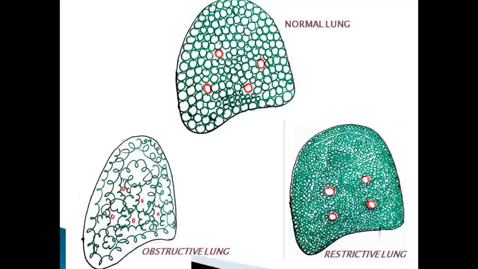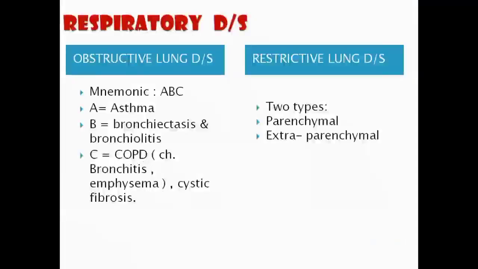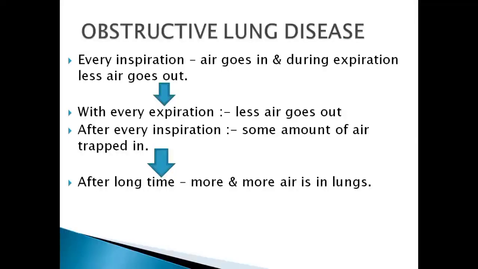As we can see in the diagram, residual volume will be more in the obstructive, whereas it will be less in the restrictive. Since in restrictive disease, lung parenchyma gets almost fibrosed. Okay. Now these are the mnemonics. Before this, we have to study.